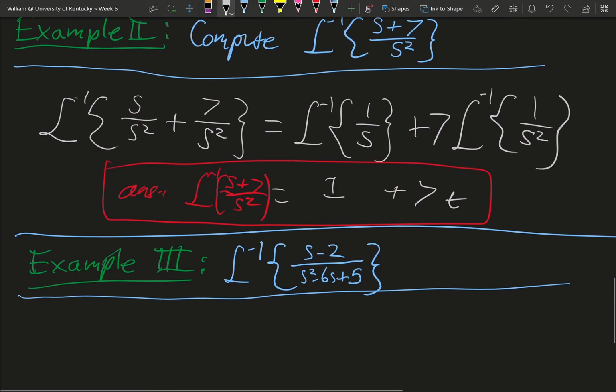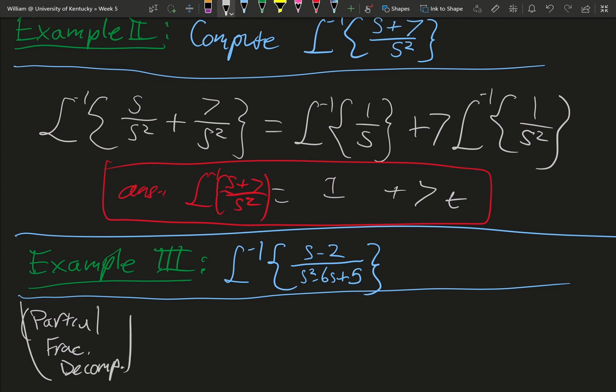And the way we want to do this is with partial fraction decomposition. So remember what that is.